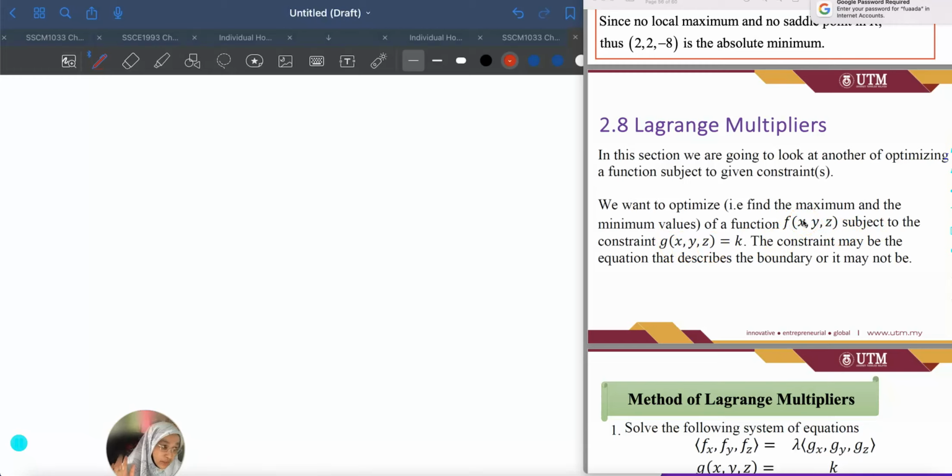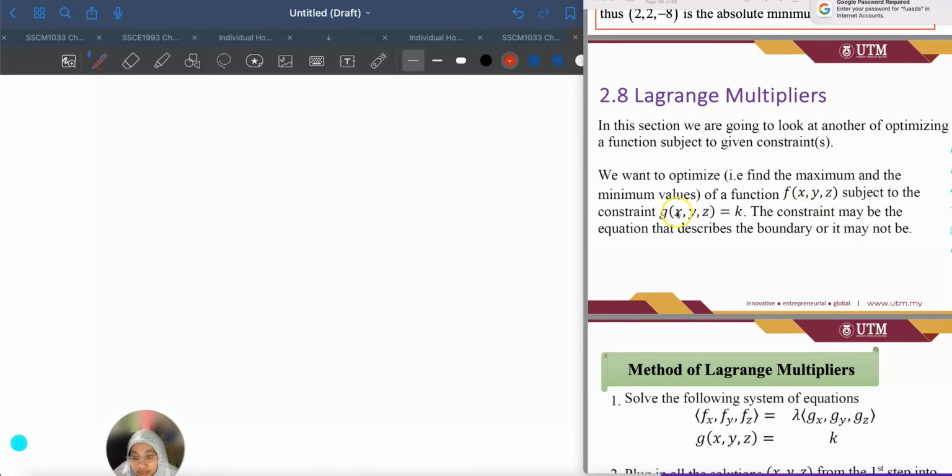One is the function that you are looking for the maximum value of, and subject to a constraint also given by a function. So you must have a function g, and the constraint is g equal to k. Here k is a constant. The constraint given, which is g here, may be the equation that describes the boundary or maybe not. It depends on the case.